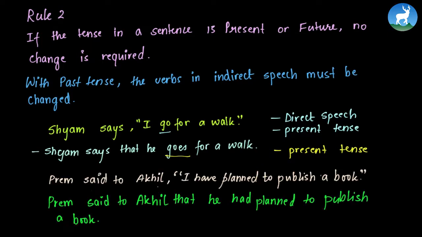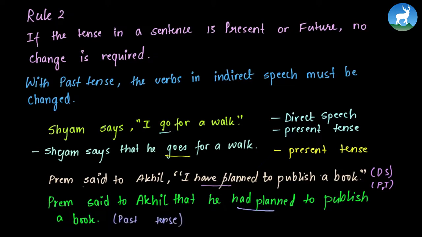Prem said to Akhil, I have planned to publish a book. This sentence is in direct speech and the verb used is in present tense. When we convert the sentence to indirect speech, it becomes Prem said to Akhil that he had planned to publish a book. So here we have used the past tense.